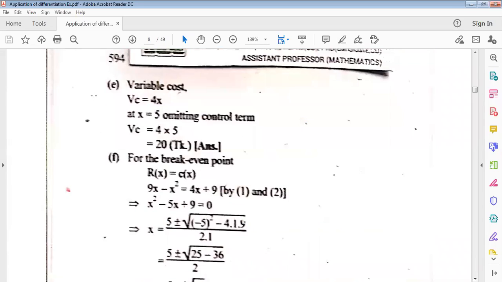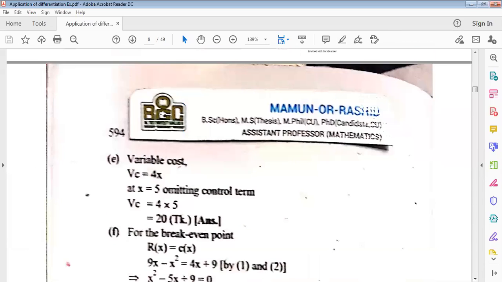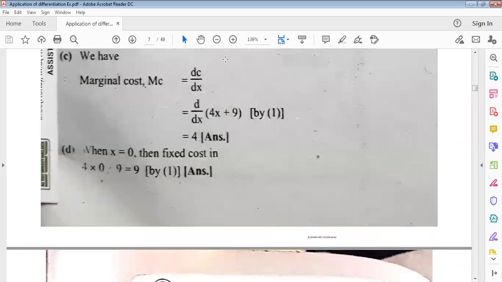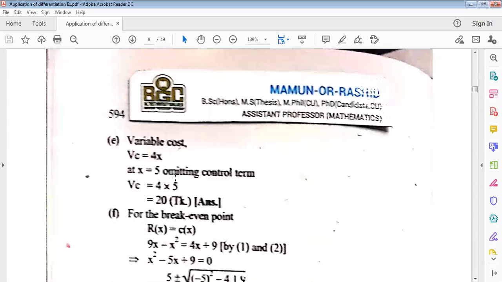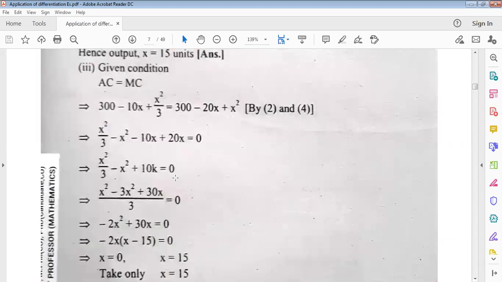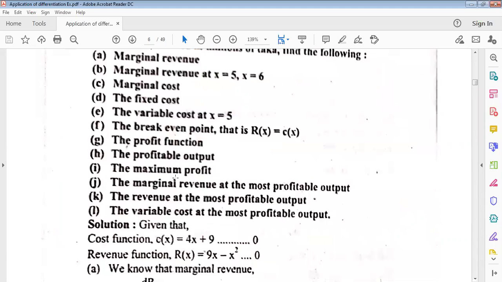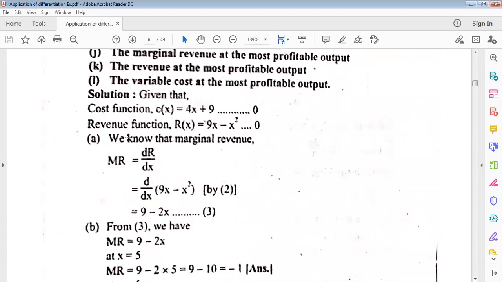Now, what will the variable cost be? From equation 1, 4x + 9 is the cost function.